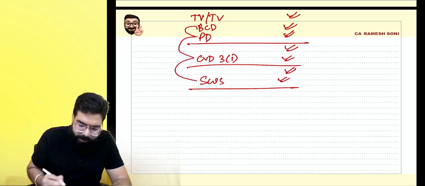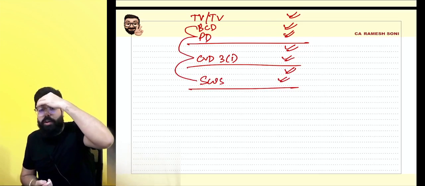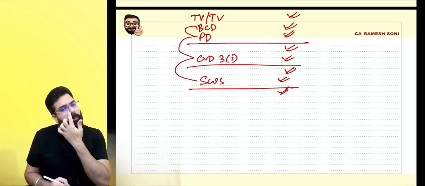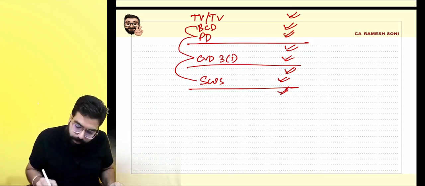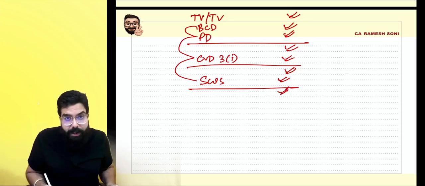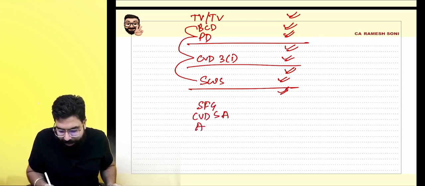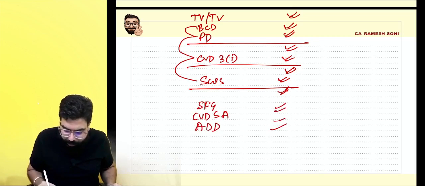Social welfare surcharge only on basic custom duty, protective duty and CVD 31. Then one total will come. On this total, now everyone over here, you will charge CVD on subsidized safeguard duty, CVD on subsidized article, and anti-dumping duty. Yes, sir, we will go ahead and add this.